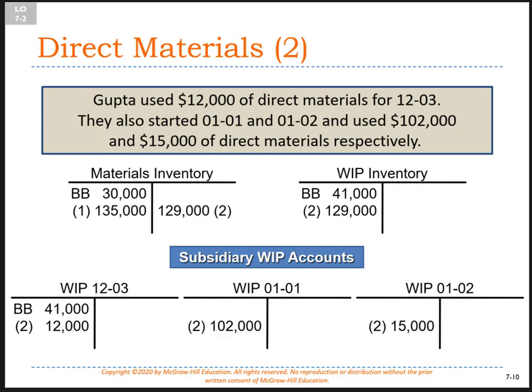So we put 12,000 in work in process for 1203, 102,000 in work in process 0101, and 15,000 in work in process 0102. Again, that would be indicated by the requisitions asked for by those in charge of those jobs. They said, this is the stuff I need on this job. If you add those across, that's the 129,000.